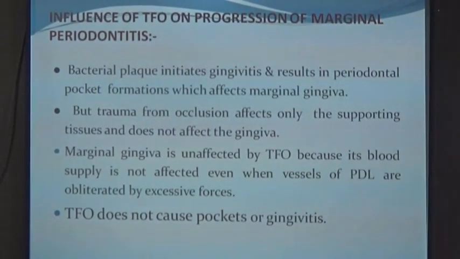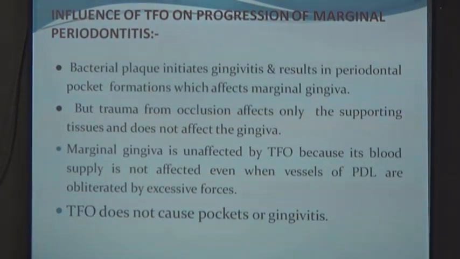See, bacterial plaque initiates gingivitis and results in periodontal pocket formation, which affects the marginal gingiva. So marginal gingivitis occurs only because of bacterial plaque, not from trauma from occlusion. Trauma from occlusion affects only the supporting tissues and does not affect the gingiva. Marginal gingiva is unaffected by trauma from occlusion because its blood supply is not affected, even when vessels of the periodontal ligament are obliterated by excessive force.